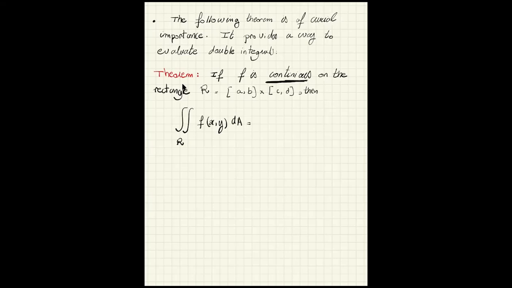It's very hard. You don't need to do this subdivision thing. You just have to compute what we just did. This very calculus thing: the integral from a to b and then c to d of f(x,y) dy dx. This is an iterated integral. So that's what it says.